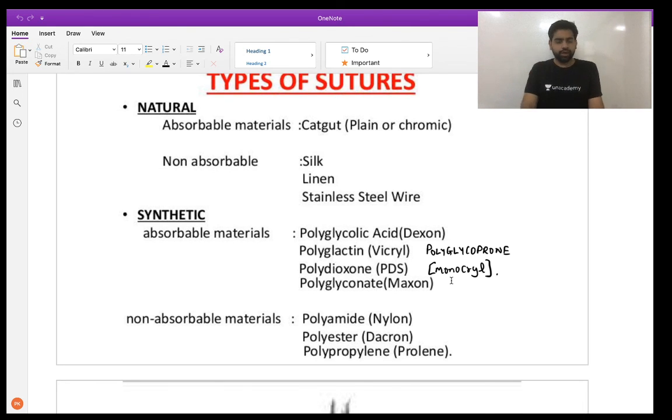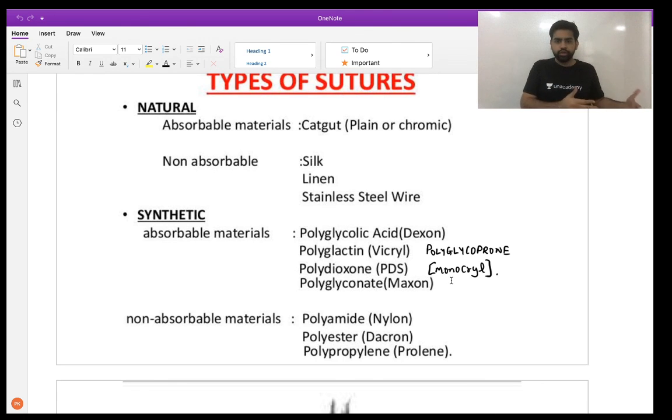Here you need to understand that there is a difference between tensile strength and absorption time. What do you understand by the absorption time? The time after which the suture disappears from the body. That is what you call the absorption time. What do you understand by the tensile strength? It is the time after which, even if the suture is physically present in the body, it is not able to do its purpose.